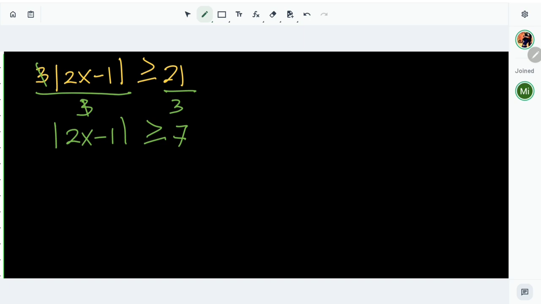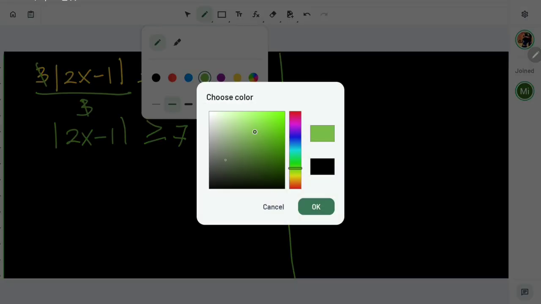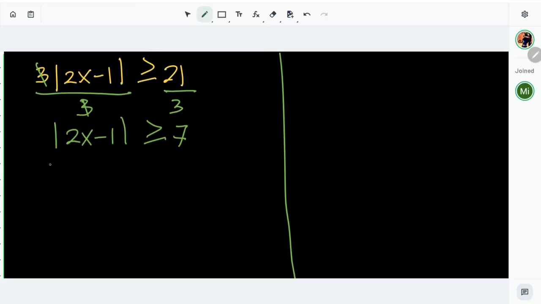Right? And then we apply the absolute value inequality rule. So that means 2x minus 1 is greater than or equal to 7, and the other one is less than or equal to negative 7. All right? So case 1.